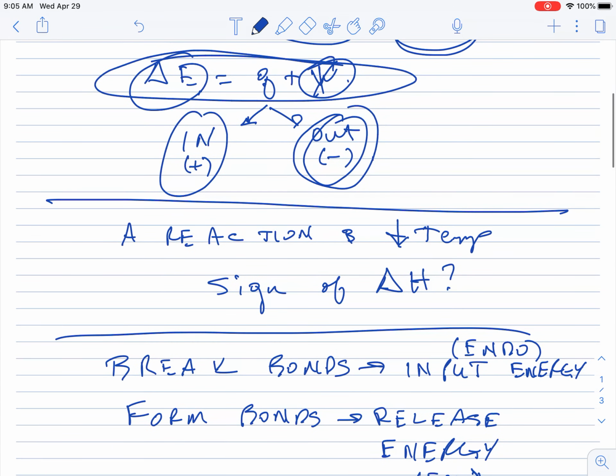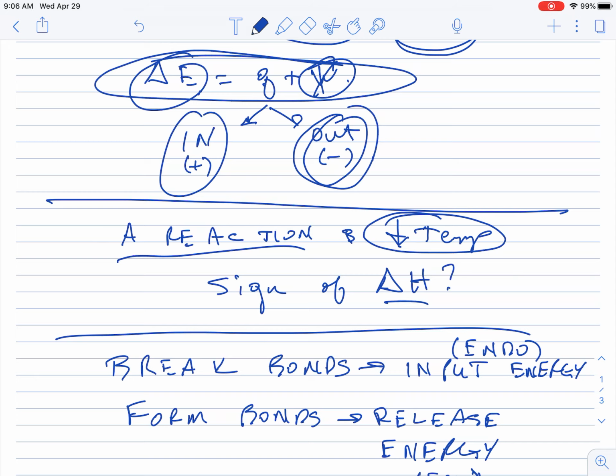Okay. So overall big ideas. We've talked about this a lot. You do a reaction, okay? And let's say, for example, you measure the temperature of the water and the temperature goes down. What's going to be the sign of delta H?